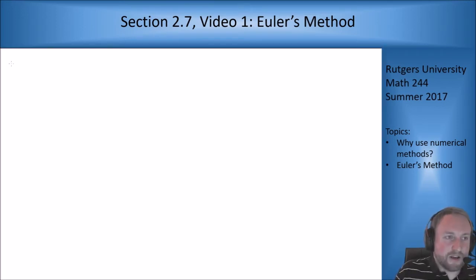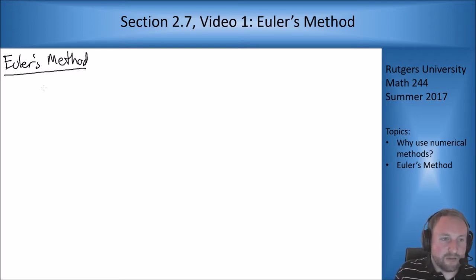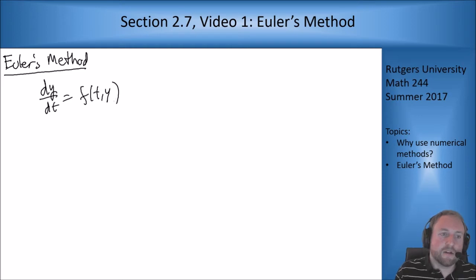First thing we're talking about is Euler's method for numerically solving differential equations. And the idea for Euler's method is as follows. For a first order equation, we have dy/dt equals some function f of t and y.